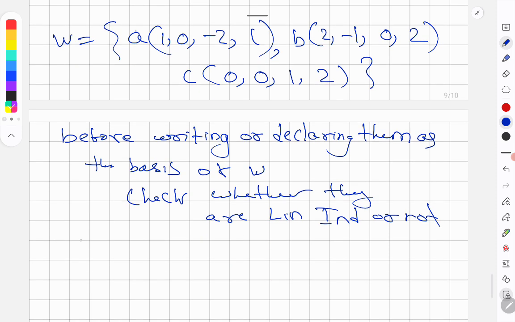So if you do that, 1 0 -2 1, 2 -1 0 2, 0 0 1 2.